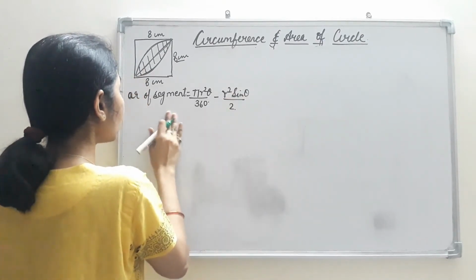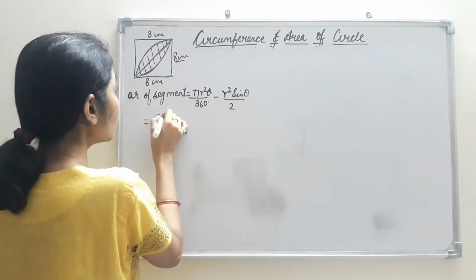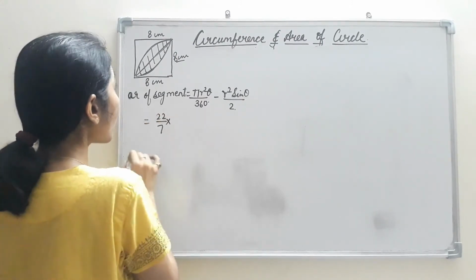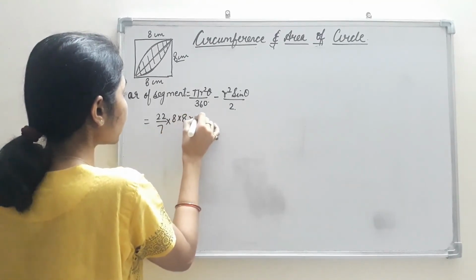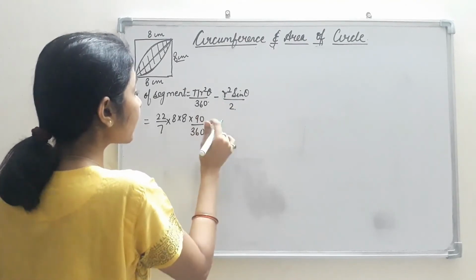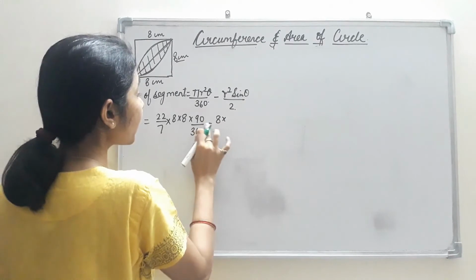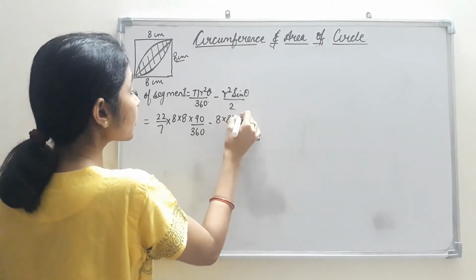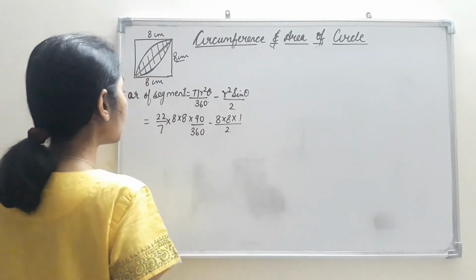Now let us calculate this. It is equal to 22 upon 7 into r square, the radius is 8 into 8, and theta is 90 upon 360. Again here r square, that means 8 multiplied by 8, into sine theta, which is 1 because sine 90 is 1, and upon 2.